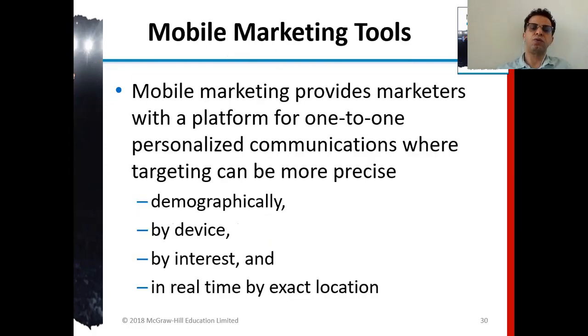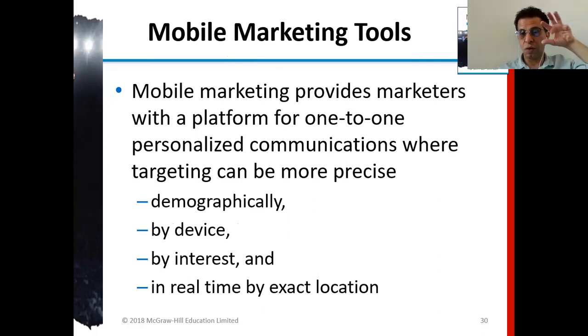Mobile marketing tools provide marketers with a platform for one-to-one personalized communication where the target can be more precise. So in mobile marketing, you categorize them and be more precise.